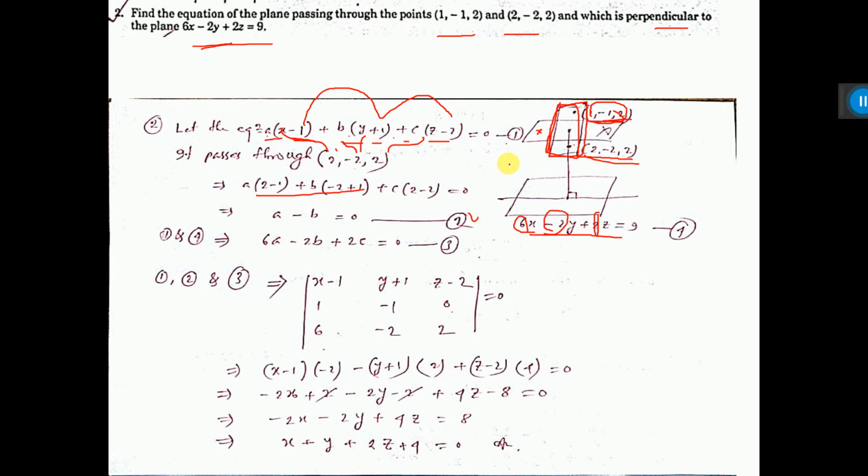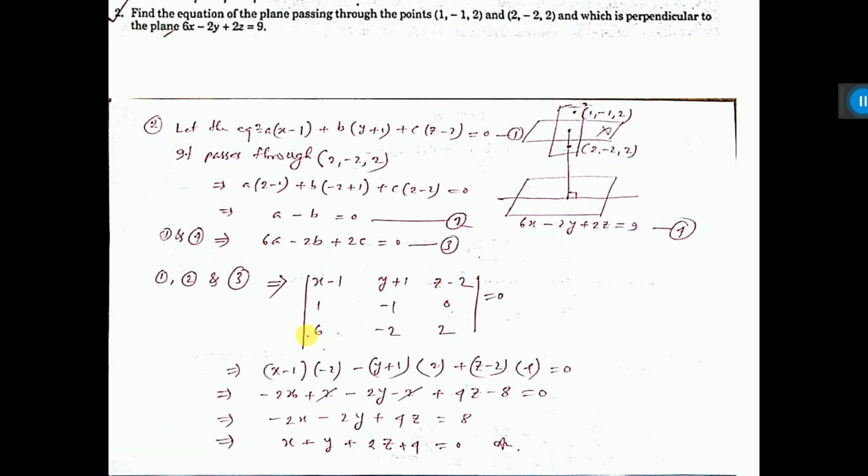Now see, here 1 and 4, that means equation 1 is this and 4 is this. 1 means the equation of the plane I have written, and this is also the equation of this plane.